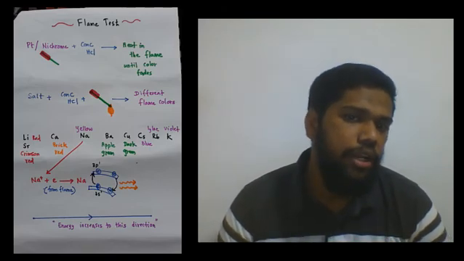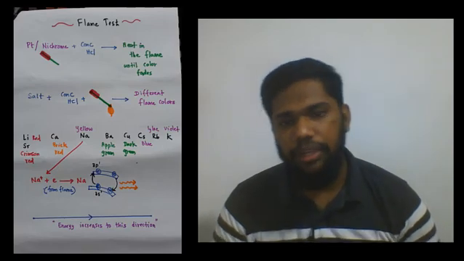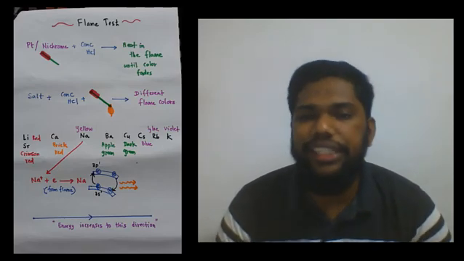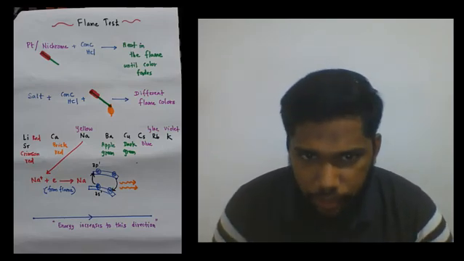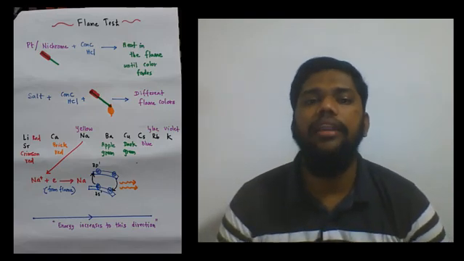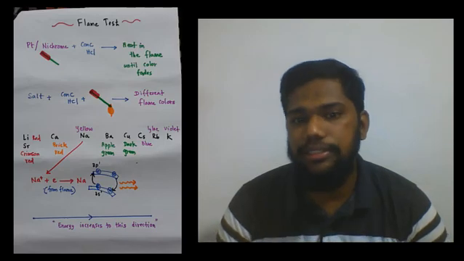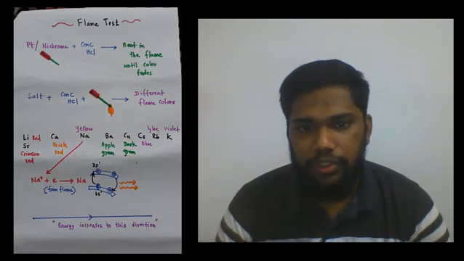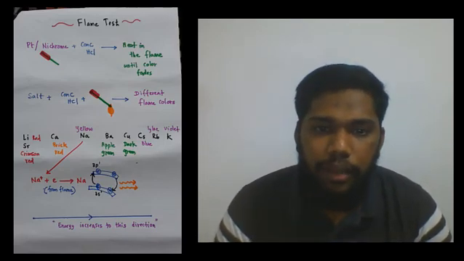Now sodium will come back to its ground state, meanwhile releasing certain radiation, and this radiation frequency is in the visible region, and it will give a nice lamp yellow color. So that is what the normal process is.